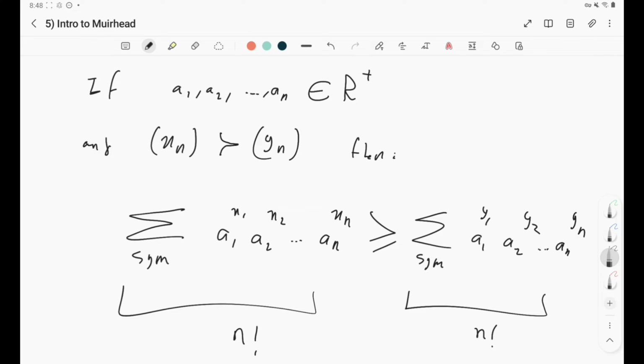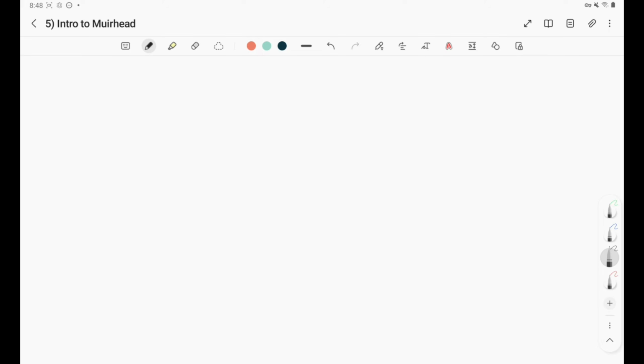We're going to discuss some examples to make everything clear. So let's start with our first example. Example number 1. Here we're going to solve some standard problems that are really simple, just to understand the Muirhead's inequality.